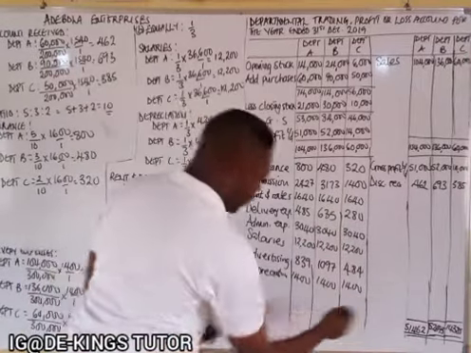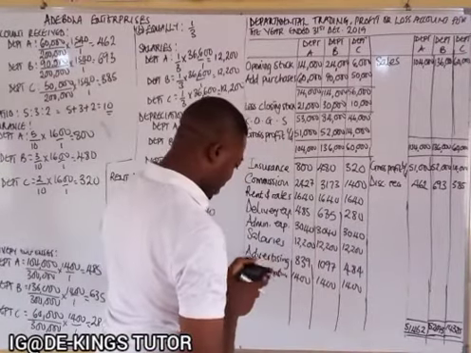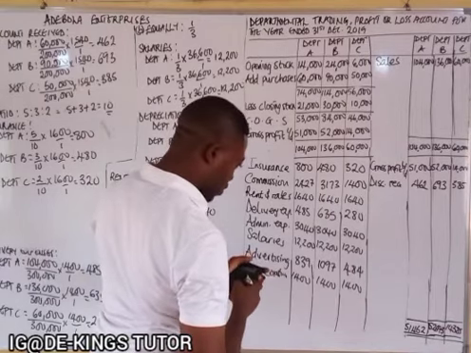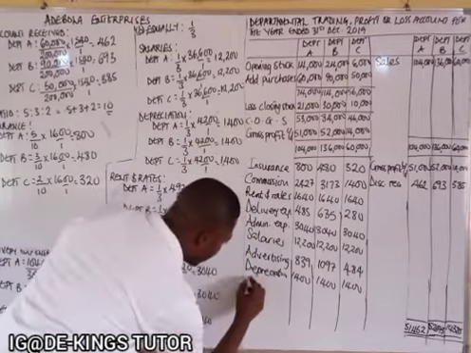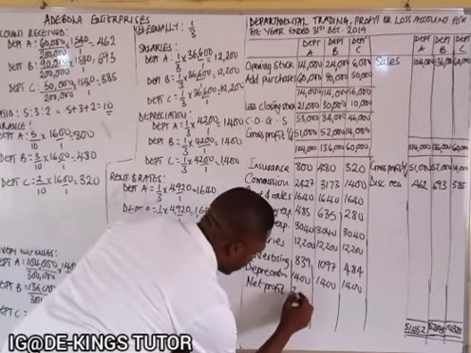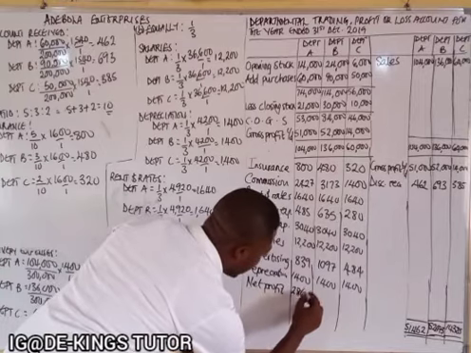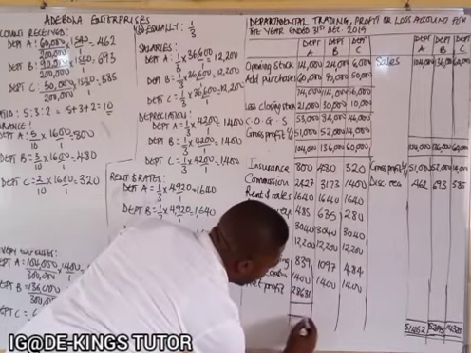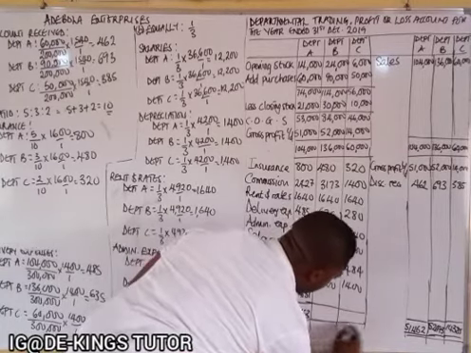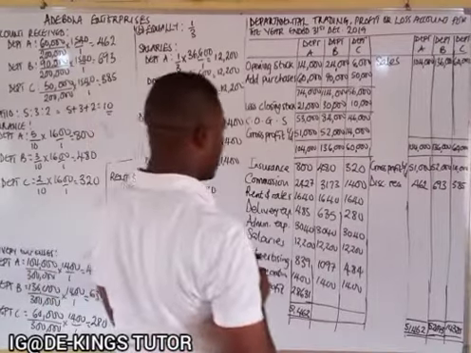So if we deduct it from 51,462, we'll have a net profit of 28,631. So that when you add together, you have 51,462.